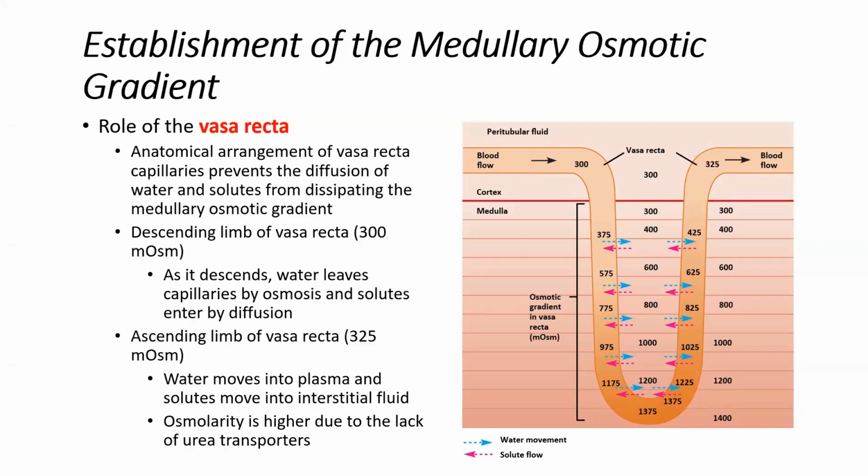And what that really means is that in order to keep that gradient that we just worked so hard to establish, we've got to have the solutes moving in the opposite direction in our vessel. Otherwise, we would just lose that gradient, right? If I had water moving out my descending limb of my tubular fluid and then moving into the descending limb of my vasa recta, I would just lose that gradient, right?